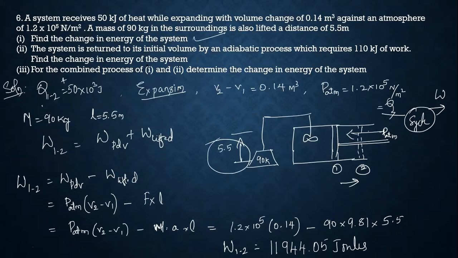Last one is for the combined process 1 and 2, determine the change in energy of the system. Therefore, Q net is Q1 to 2 plus Q2 to 3, and W net is equal to W1 to 2 plus W2 to 3.